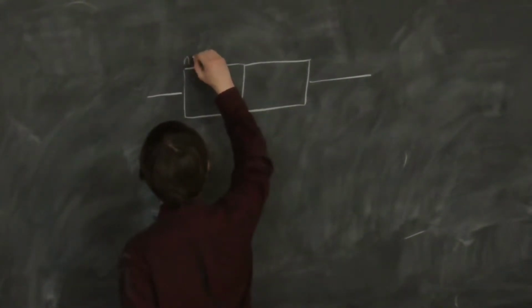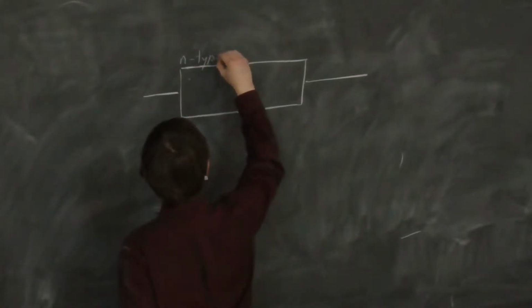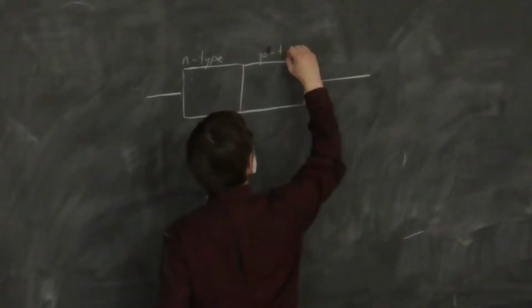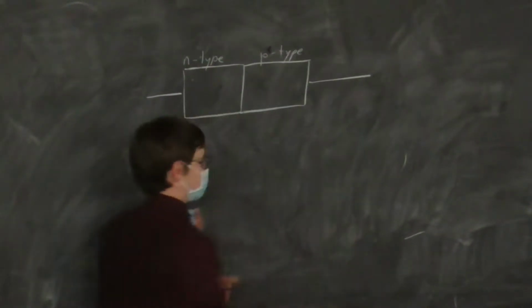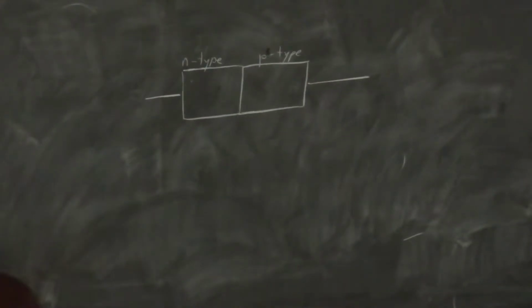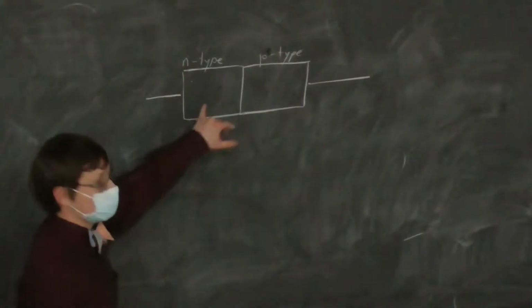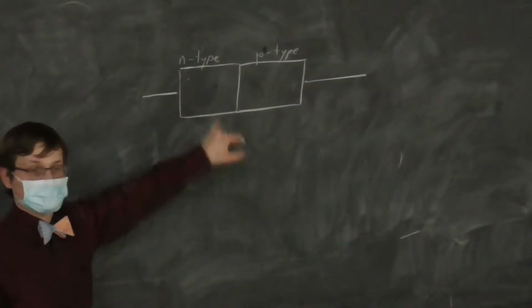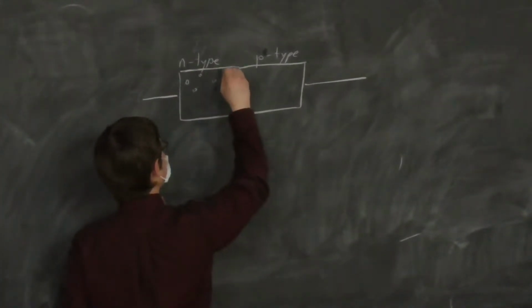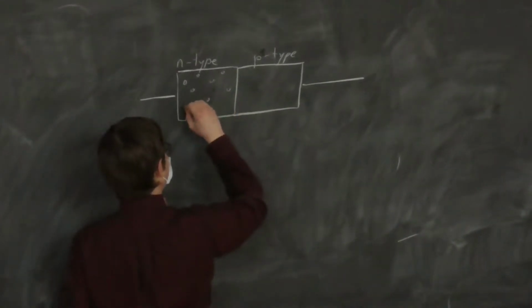So if this is n-type, and this is p-type, right? What n-type actually means is that there are extra electrons in this, right? So you'll just have some free-floating electrons that are just kind of in here.